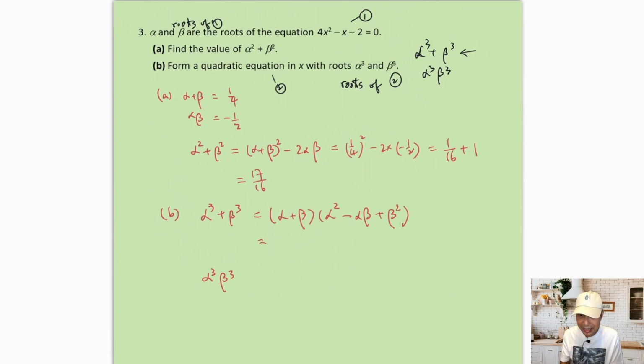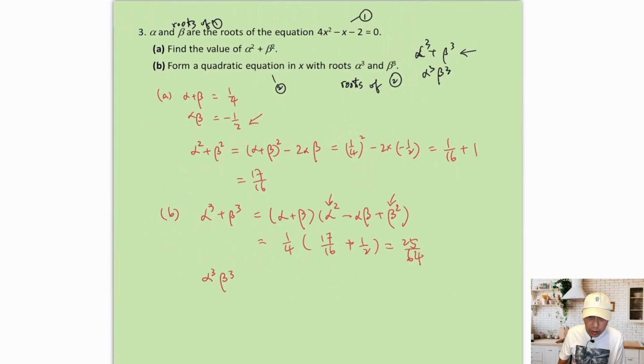To rewrite these steps, we can substitute all the values into these two brackets. The first one is 1 over 4. The second bracket, alpha squared plus beta squared, will be equal to 17 over 16, minus alpha beta, which is negative 1 over 2, so plus 1 over 2. So we have 25 over 64.